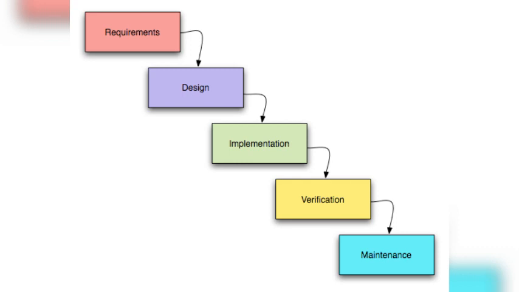How long a product lasts on the market depends on developers' ability to keep up with these maintenance requirements. So when it comes to performing maintenance, there are 4 types of changes developers can make. They include 1 corrective, 2 adaptive, 3 perfective, 4 preventive.